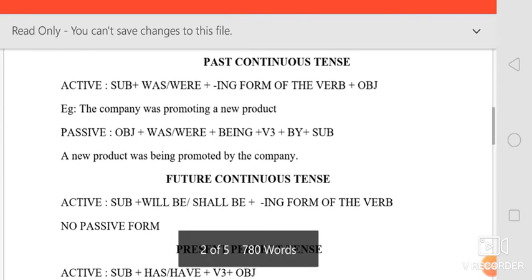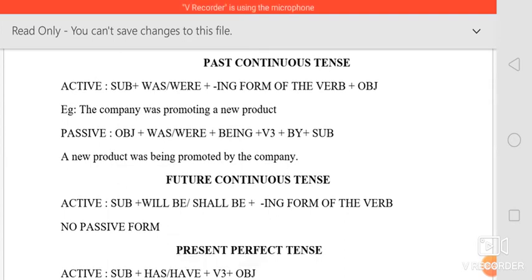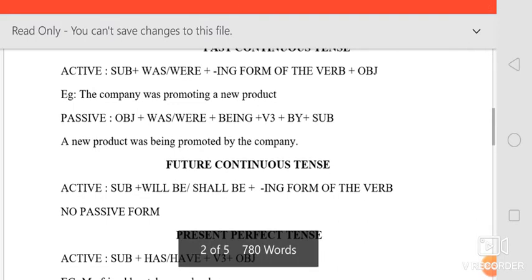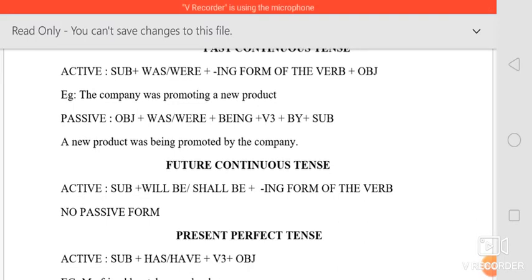Moving on to the next one, past continuous tense. The past continuous tense active form is subject plus was or were plus the ing form of the verb plus object. Example, the company was promoting a new product. And the passive form, object first, was or were we have to select.